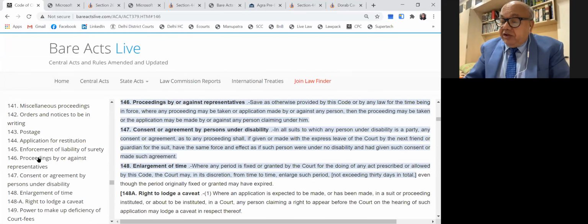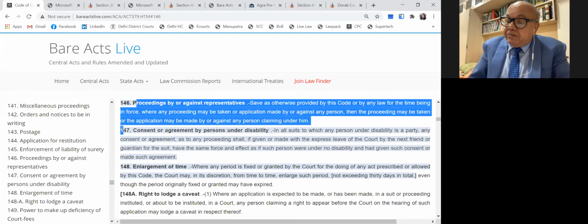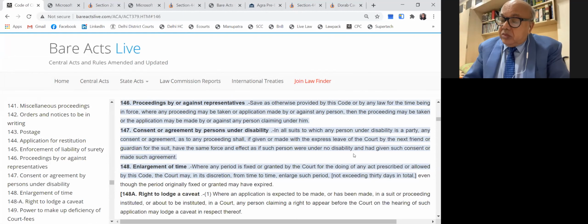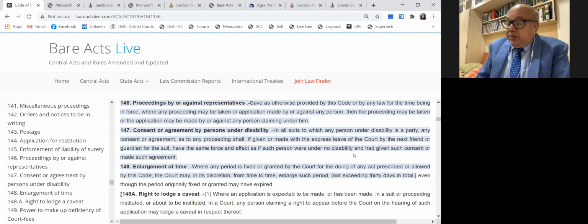Open Section 146, it is a very interesting section. The proceedings by or against representatives.